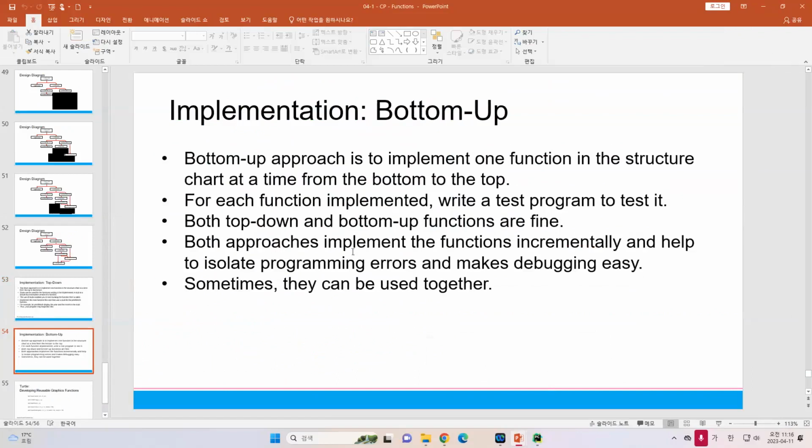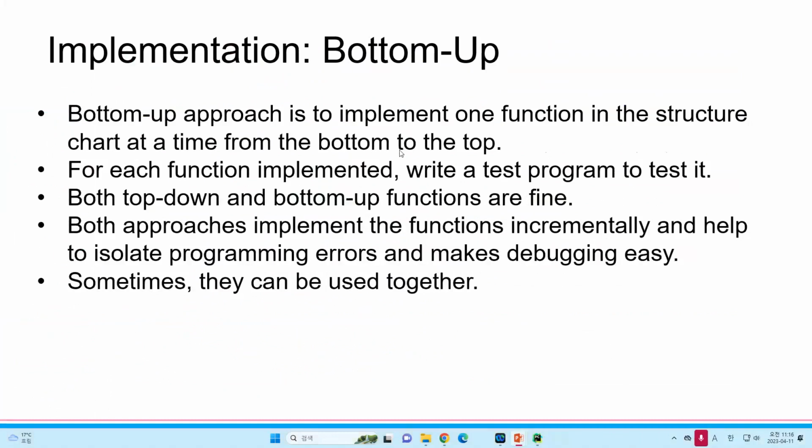I can say that this is the bottom-up approach. The bottom-up approach means we implement one function in the structure chart at a time, from the bottom to the top. It means for every function, we need to test whether it will work or not.